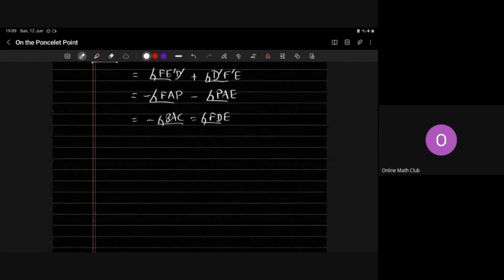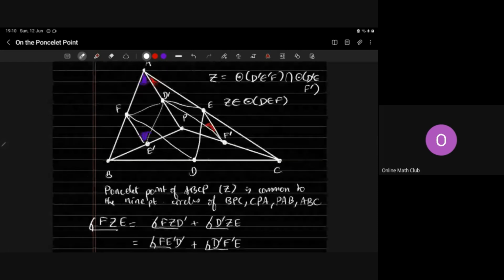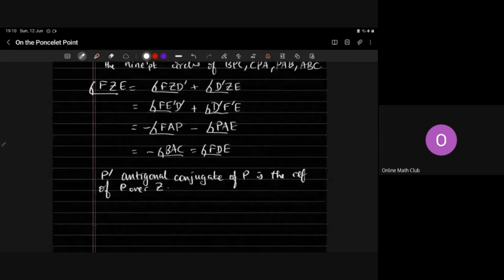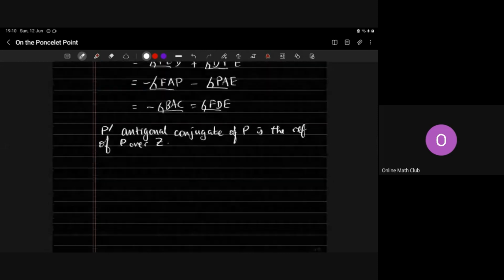So from the Poncelet point, we can define something called the antigonal conjugate of P. So P prime, the antigonal conjugate, is the reflection of P over Z. So okay, this definition doesn't seem to do much as of now, but there are some nice angle conditions with P prime, which is precisely angle BP prime C plus angle BPC equals 0.